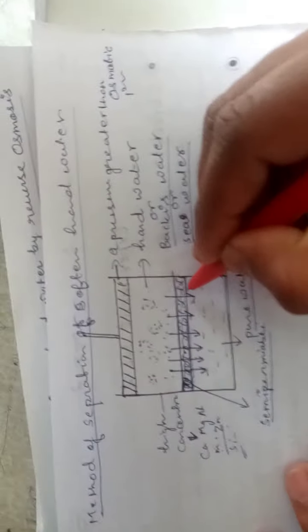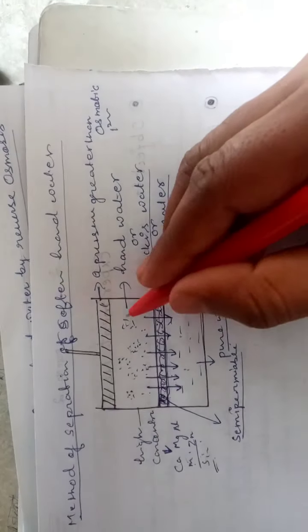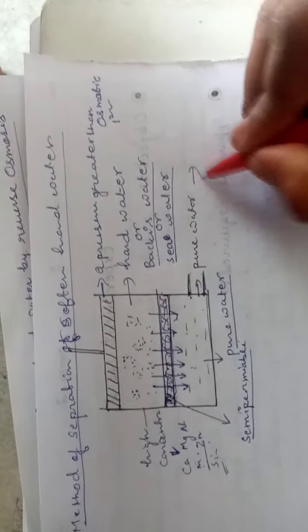So by this process you can see we can purify the hard water, and at the outlet we can get the pure water. This is a very easy process.